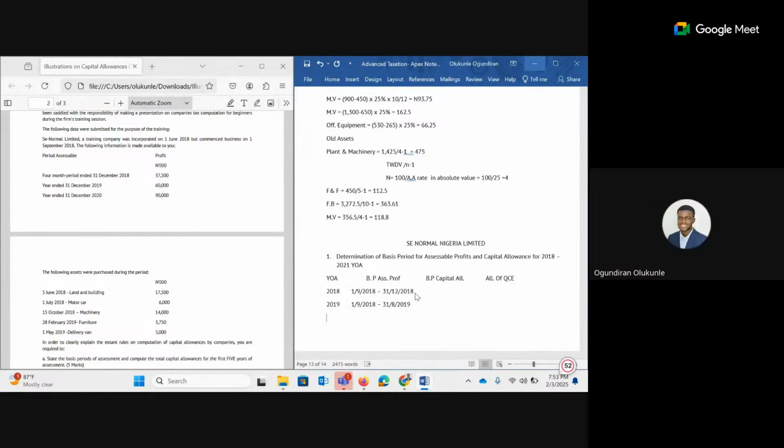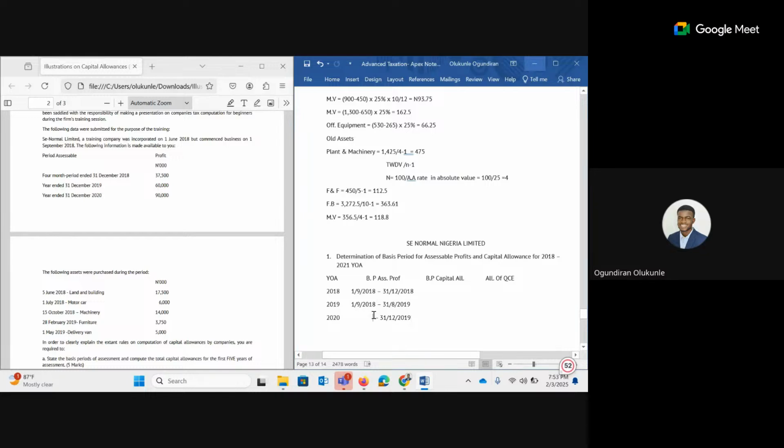Then for 2020, we are now following the new rule. The new rule says the basis period must end in the accounting year end. And if you check very well, what you have as accounting year is 31/12/2019, because it must be on preceding year basis. Is that correct? Please pay attention here.